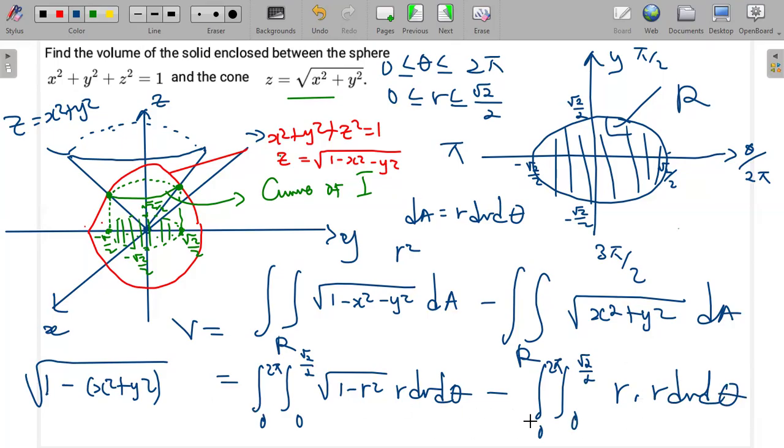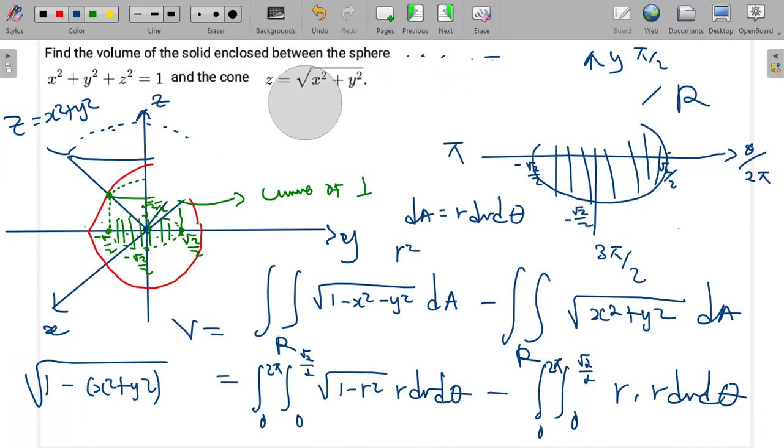Now what remains is just to simplify this and evaluate it. Okay, so let's do that. I can now erase this region here.